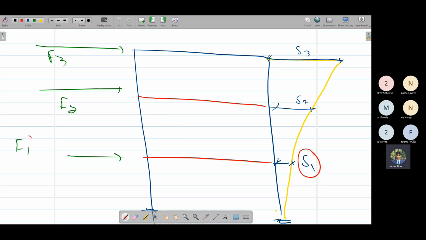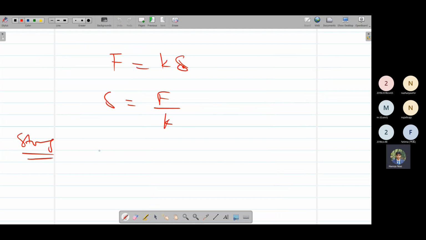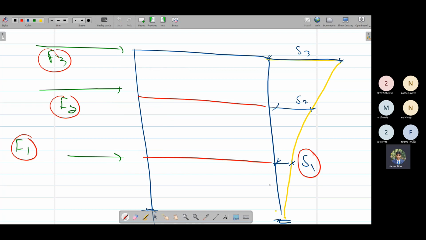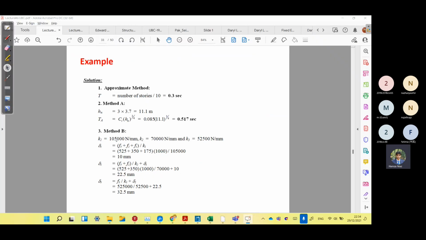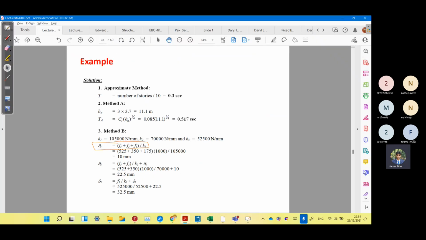It would be the summation of F1, F2 and F3. All these three forces are acting on story 1. So F at story 1 would be F1 plus F2 plus F3, divided by K1, and this gives us delta 1, the deflection at story 1.